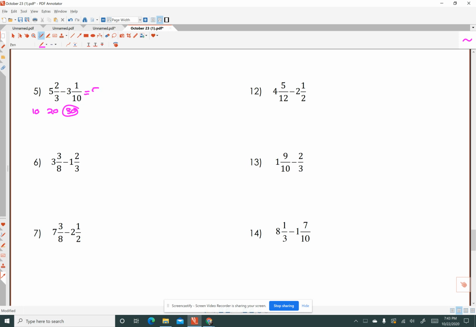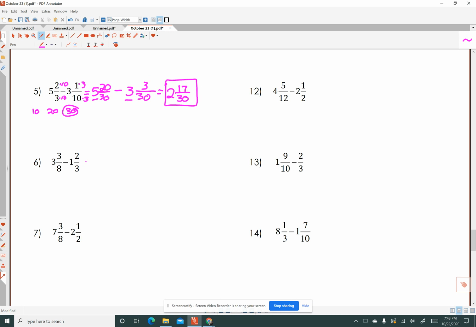So 5, and 3 times 10 is 30. 2 times 10 is 20. 5 and 20/30ths minus 3, and 10 times 3 is 30. 1 times 3 is 3. So 5 minus 3 is 2. Our denominator is 30ths. 20 minus 3 is 17.